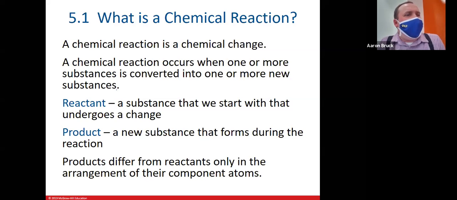The only difference between the two is a literal reconfiguring of the reactants to make the products.